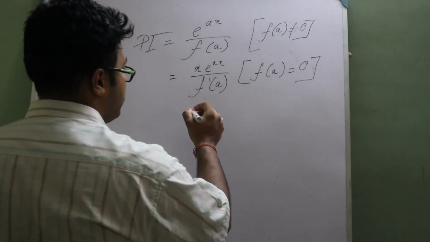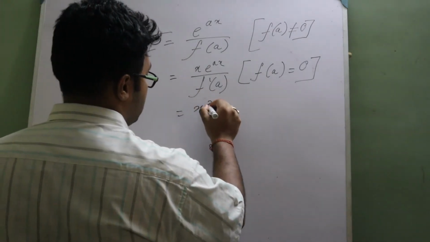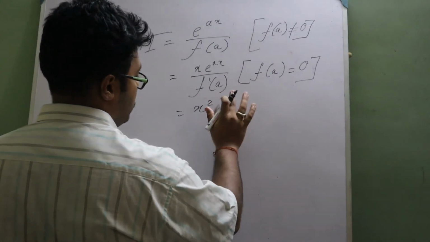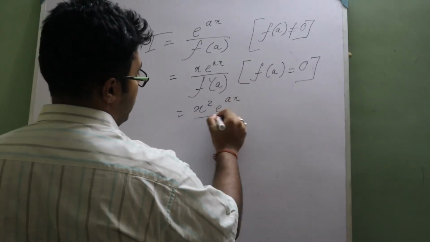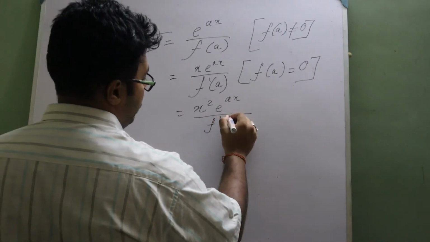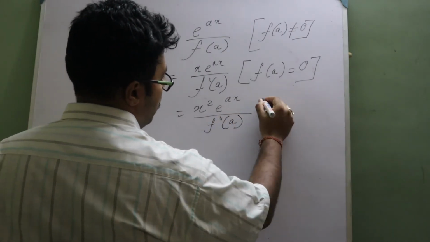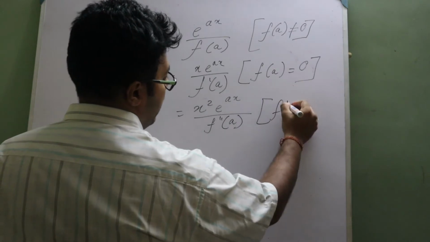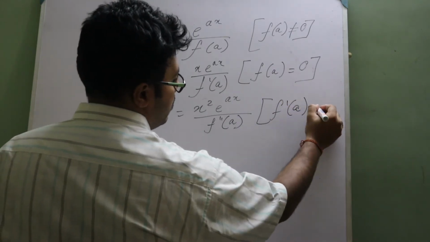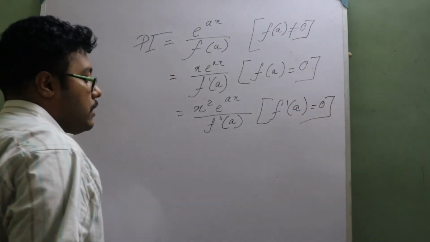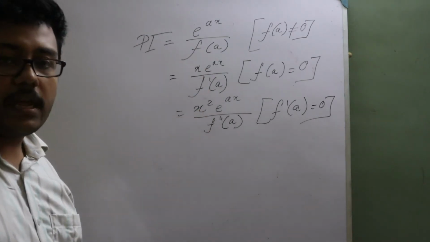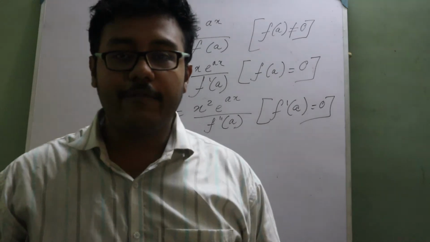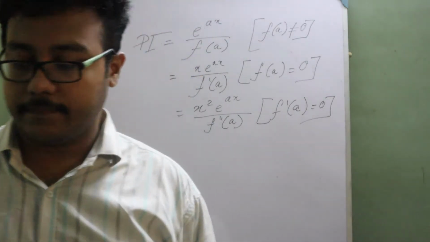This will go on for x square as well: it will be e to the power ax, x square by f double dash of a, when f dash of a is equal to 0. Now this will continue, my friends. I will show you an example so that you can understand better.